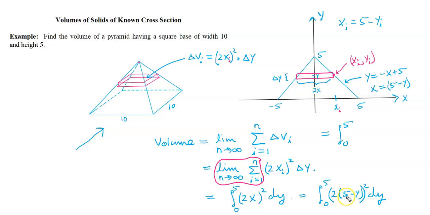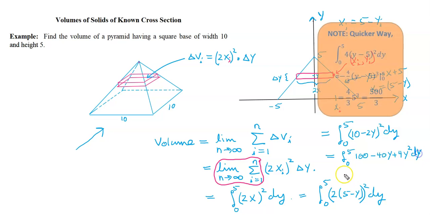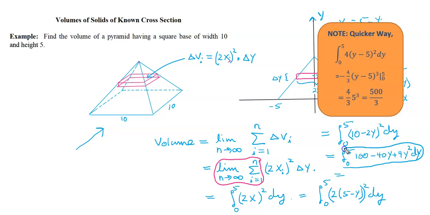And so this is going to be (10 minus 2y) squared, and then just foiling this out, we get, and there you go. That's our integral representing the volume of the pyramid, and we can easily evaluate this now. I'll let you do that. That would be the volume of this pyramid.